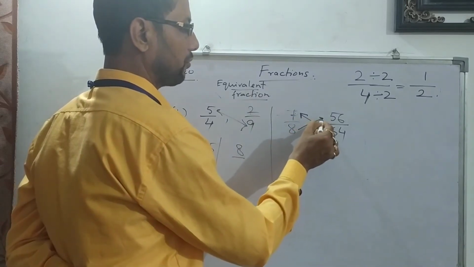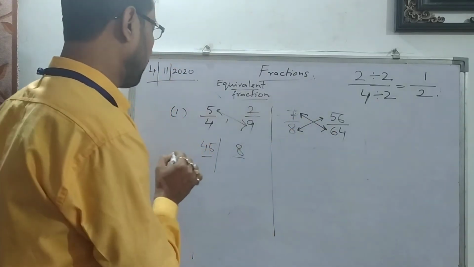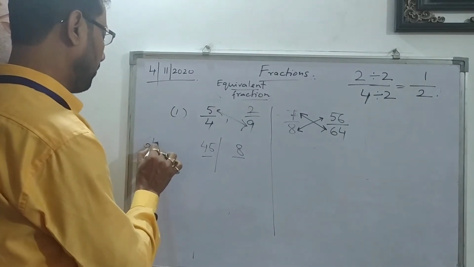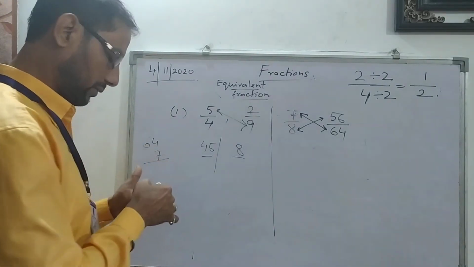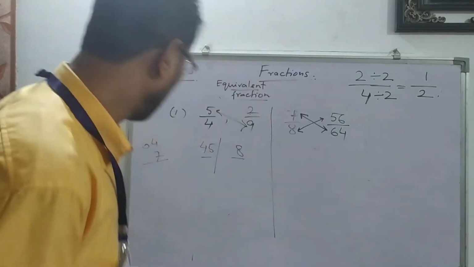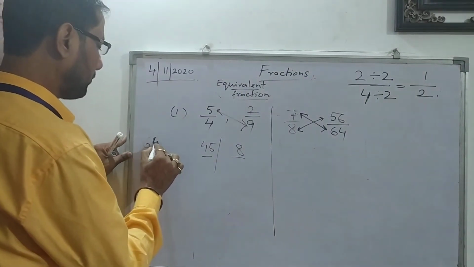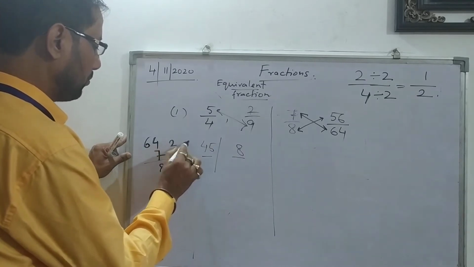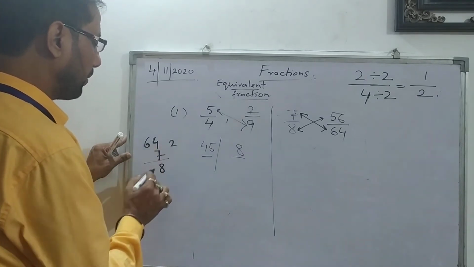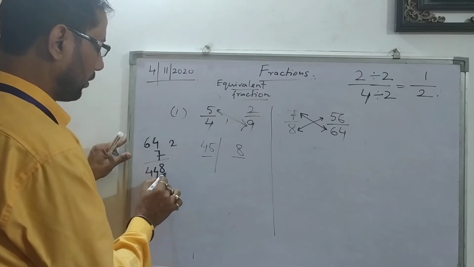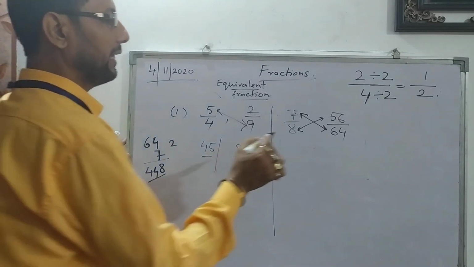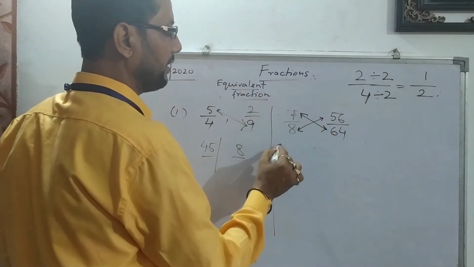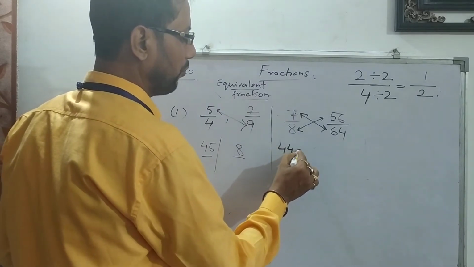So 64 multiplied by 7, how much will I get? 4 7s are 28, carry 2, 7 6s are 42 plus 2, 44. That means when I multiply 64 and 7, I get 448.